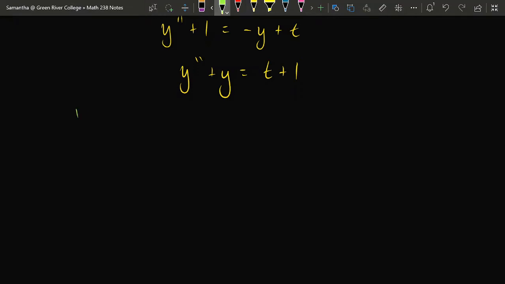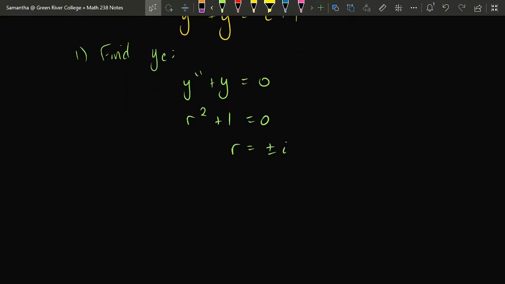So for example, we can start by finding yc, and yc would be found by setting this equation equal to 0. It's constant coefficients, so we would pass to this auxiliary equation, which has complex roots, and so our yc would be equal to c1 cosine of the input variable t plus c2 sine of the input variable t. That would be our complementary function.